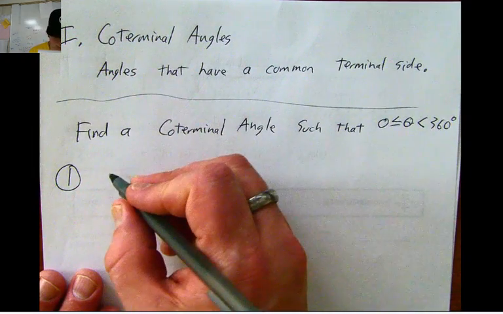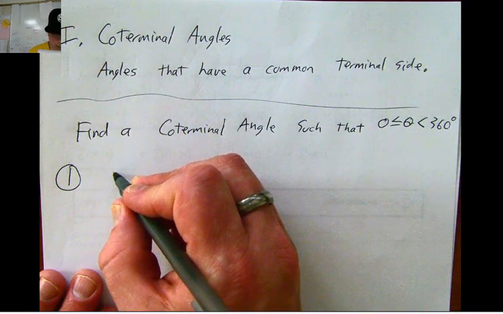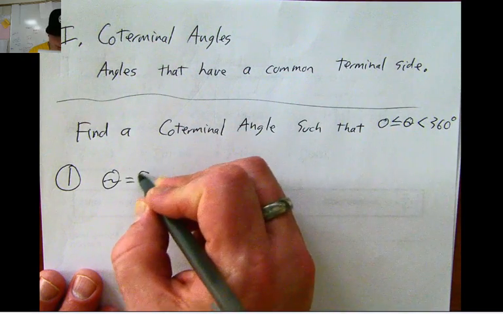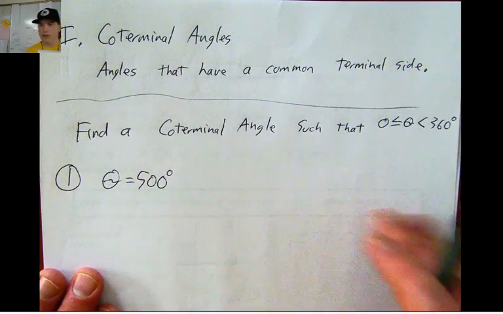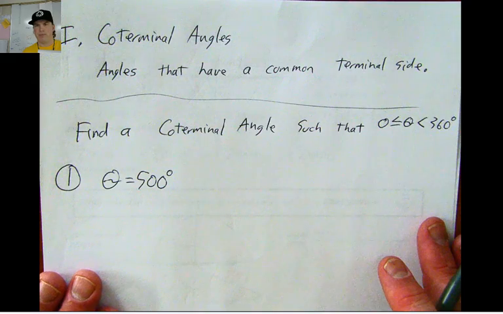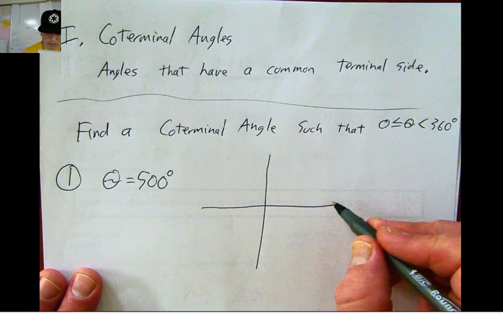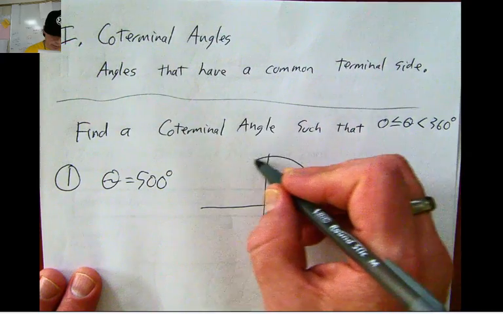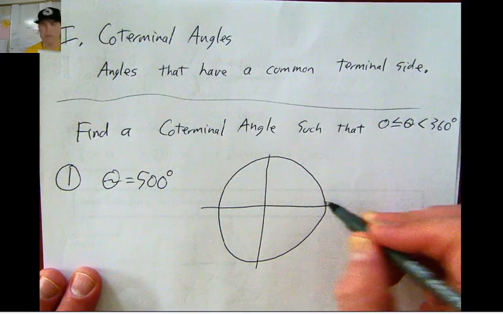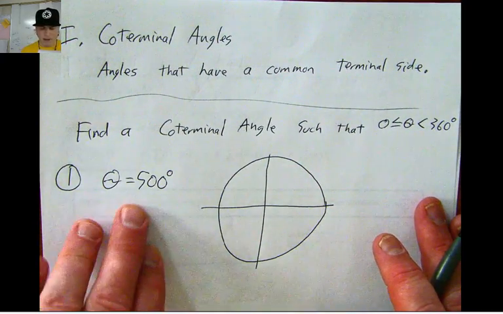My first example, number 1, suppose that theta is 500 degrees. What do they mean by 500 degrees? That's not possible. Doesn't everything need to be in between 0 and 360? No, it doesn't. 500 degrees.